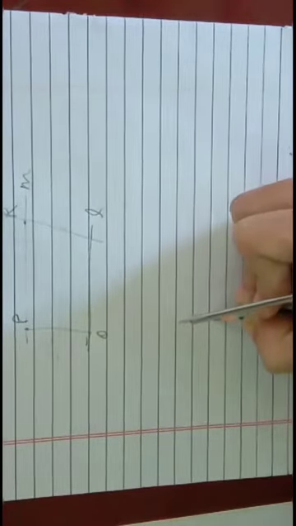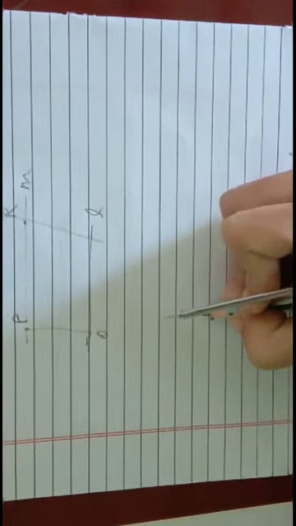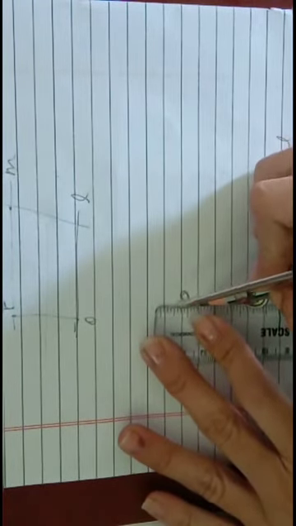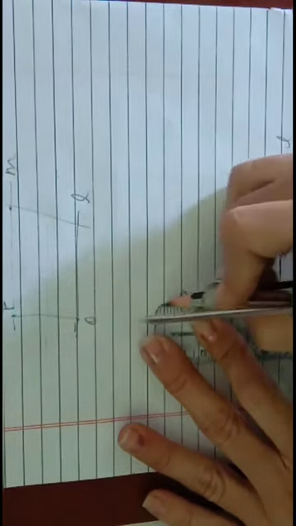So this is your line L. I have taken one point on line L, that is your Q. After Q, I will take one point outside, which is your point P. Now we need to join P and Q, like this.